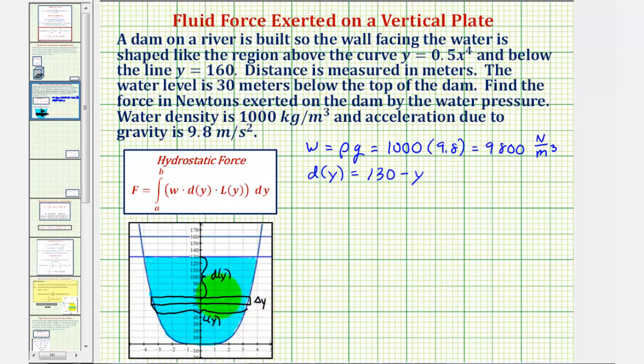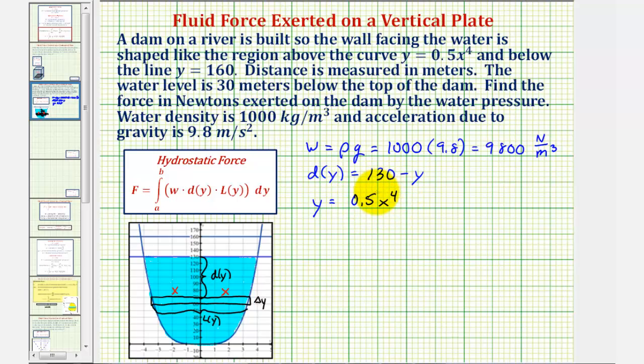Notice how from the y-axis to this end would be a length of x units, and from the y-axis to the left would also be x units. So this total length is 2x, but we need to write this length as a function of y. So if we know y equals 0.5x to the fourth, let's solve this for x.